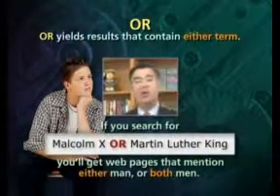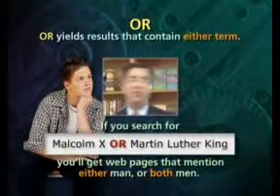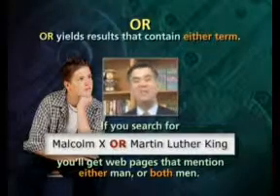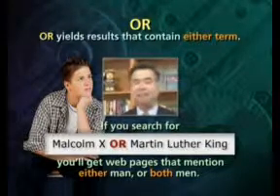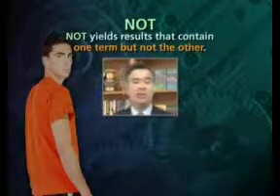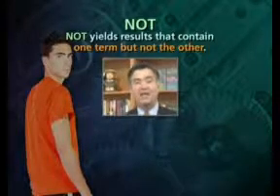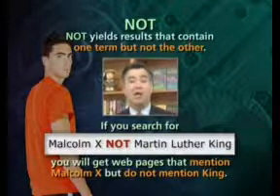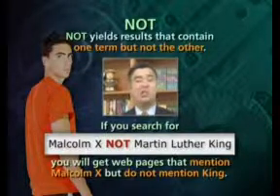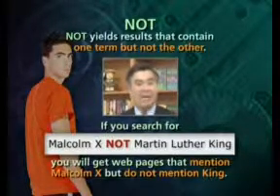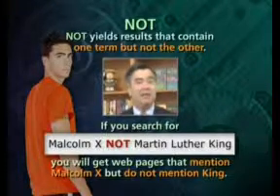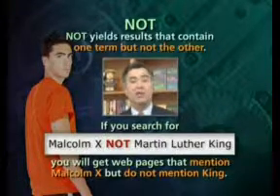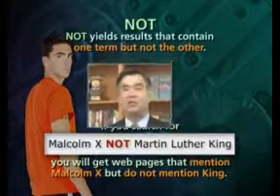So if you search for Malcolm X or Martin Luther King, you'll get web pages that mention either man or both men. Not yields results that contain one term but not the other. So if you were to search for Malcolm X, not Martin Luther King, you will get web pages that mention Malcolm X but not ones that mention King. Any web page that mentioned Martin Luther King would be excluded from that kind of search.